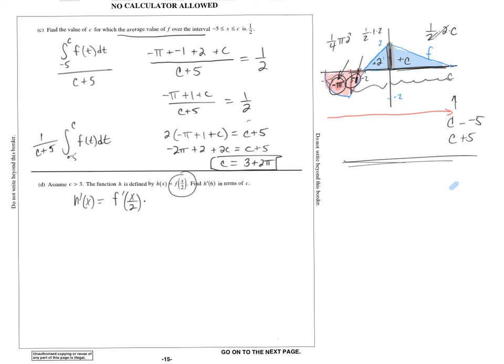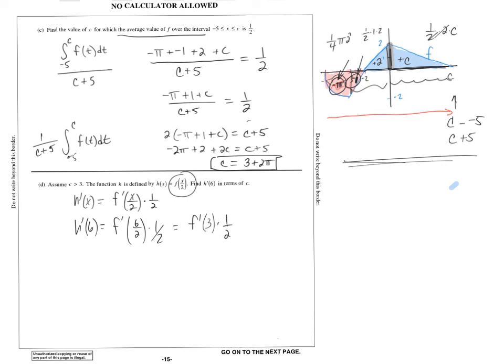But then because this is a function of a function, f is acting on x over 2, we have to go back and take the derivative of what's inside. And the derivative of that x over 2, of course, is just 1/2. So h prime of 6, which is what they're asking us for, is f prime of 6 over 2 times 1/2, which of course is f prime of 3 times 1/2.